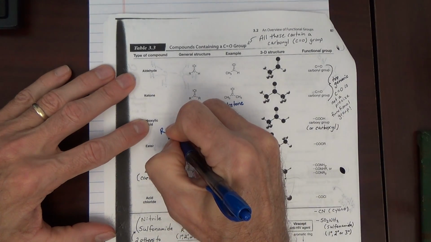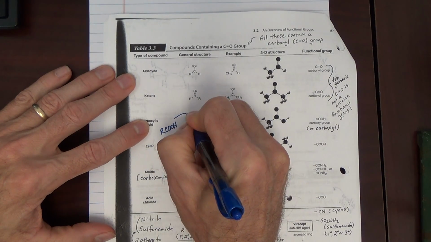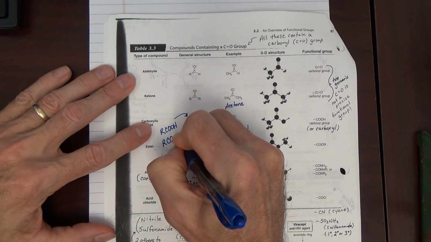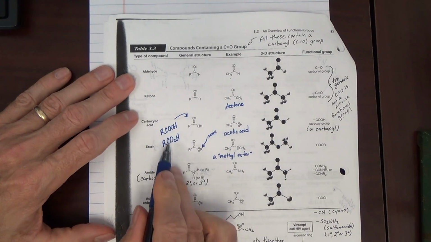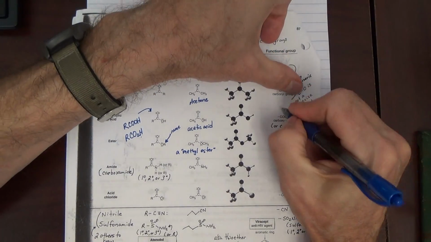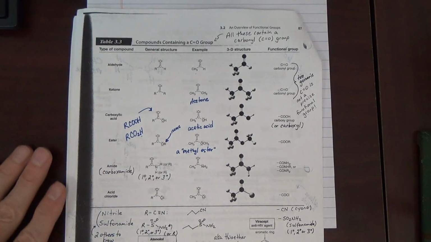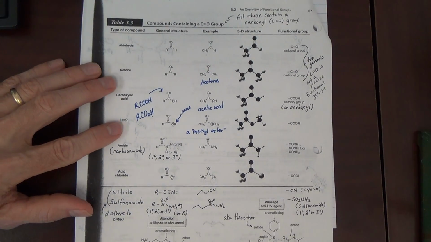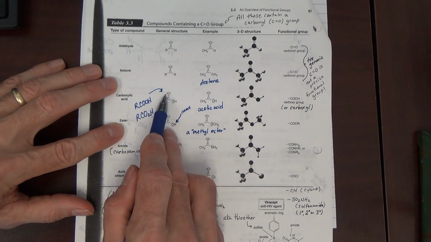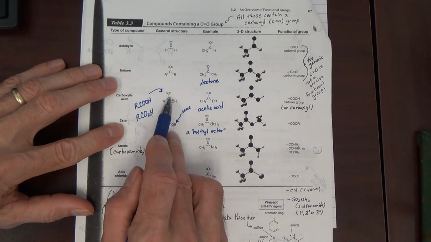When you condense it down, you get RCOOH or RCO2H. Same thing. Instead of OO, O2. So you can add it over here if you like. I'm just writing it over here. Two ways to condense the carboxyl functional group.